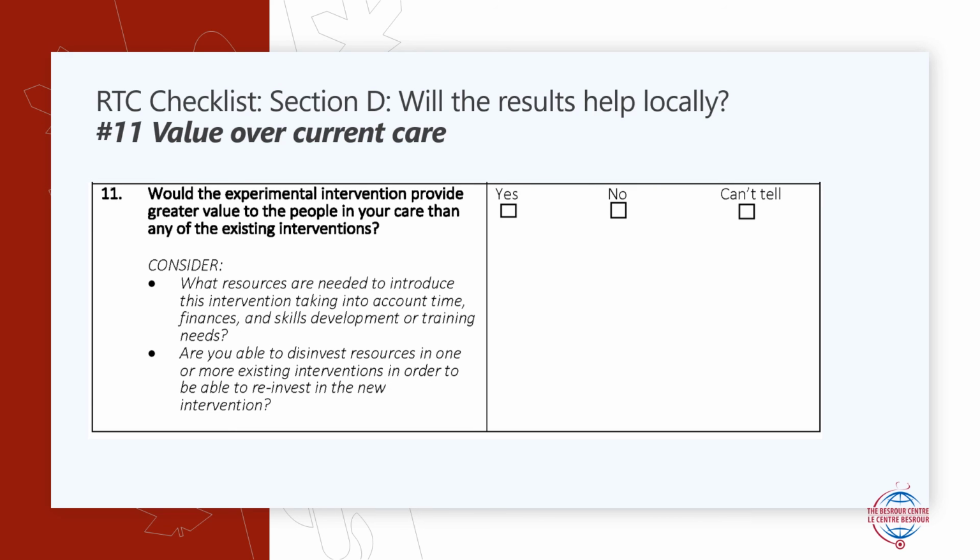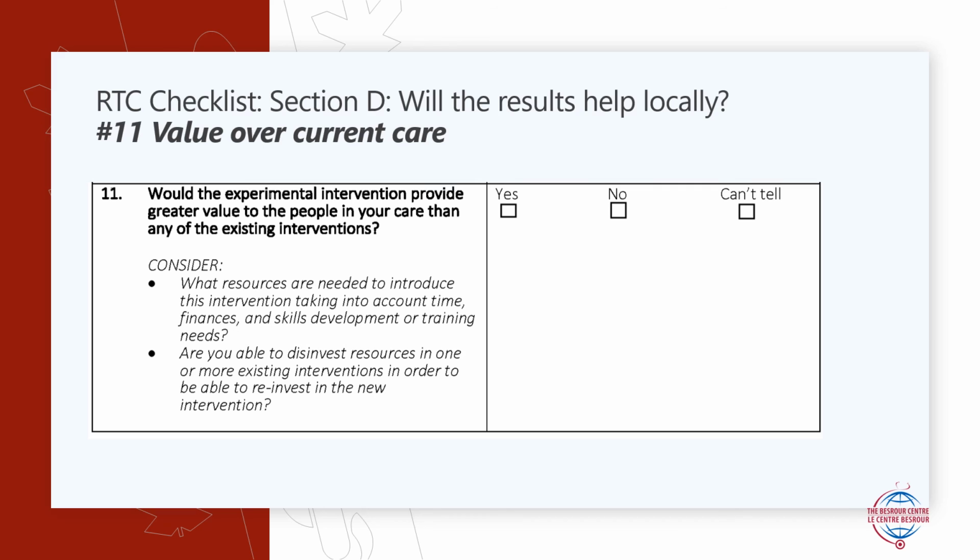And the other consideration around the impact of this research is value over current care. So does the intervention provide greater value to the people in your care than any of the existing interventions?